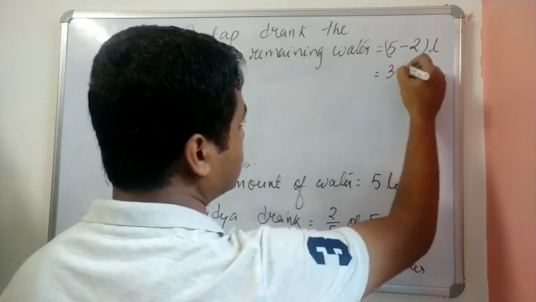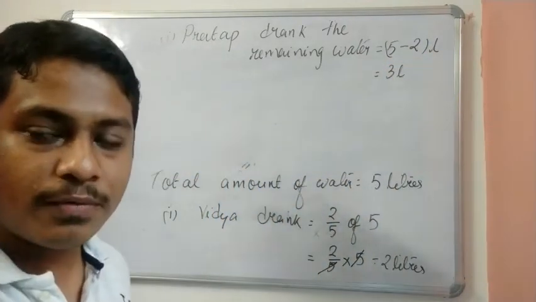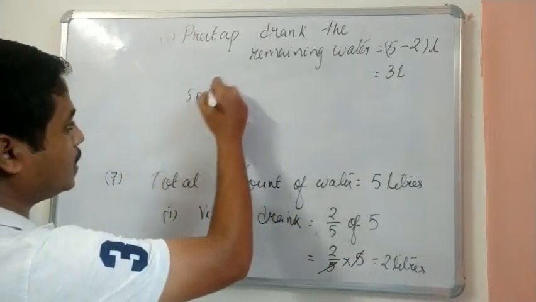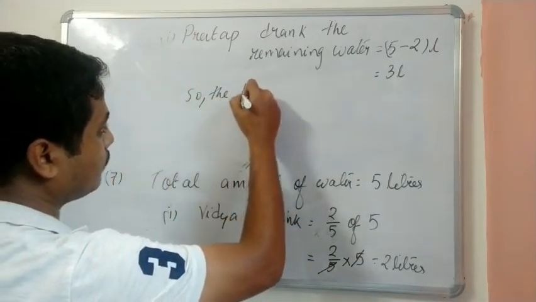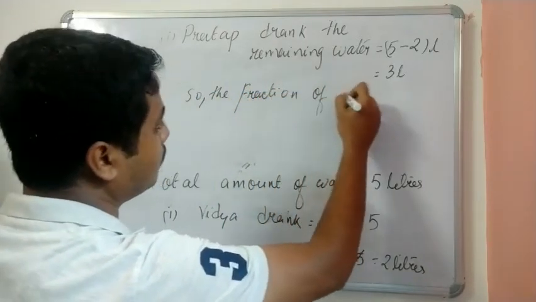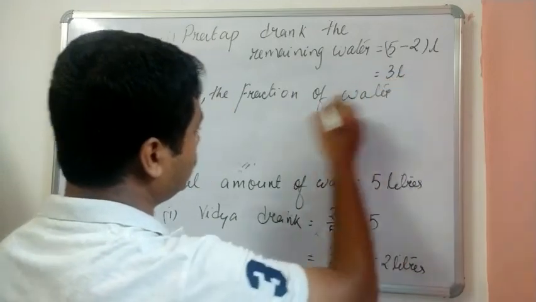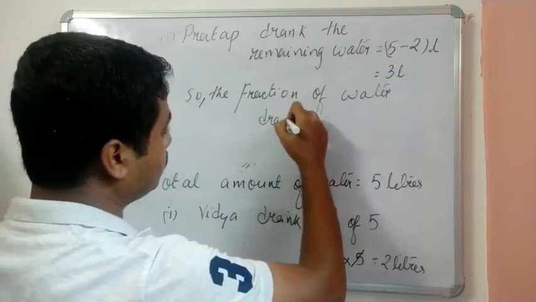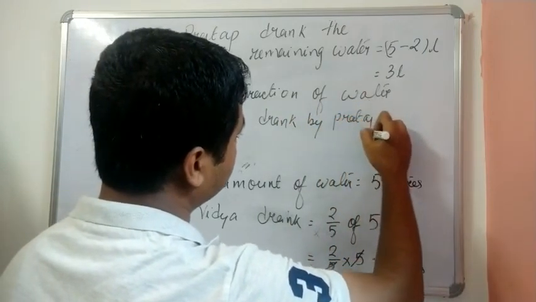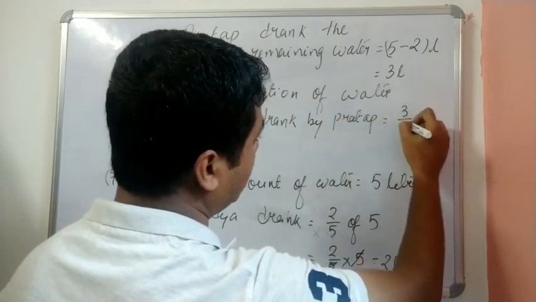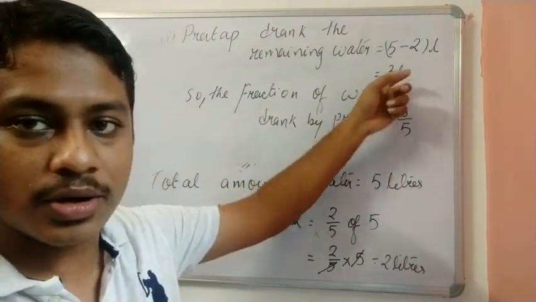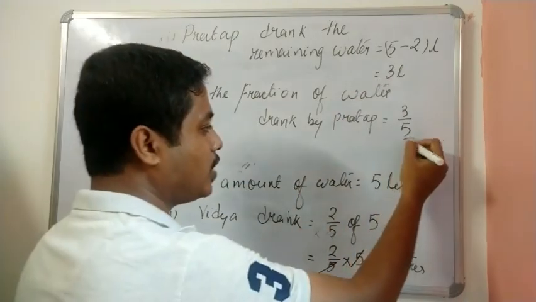But the question asks what fraction of the water has been drunk by Pratap. The fraction of water drunk by Pratap is 3/5. The total was 5 liters and he drank 3, so it will be 3/5. This is the answer for the second part.